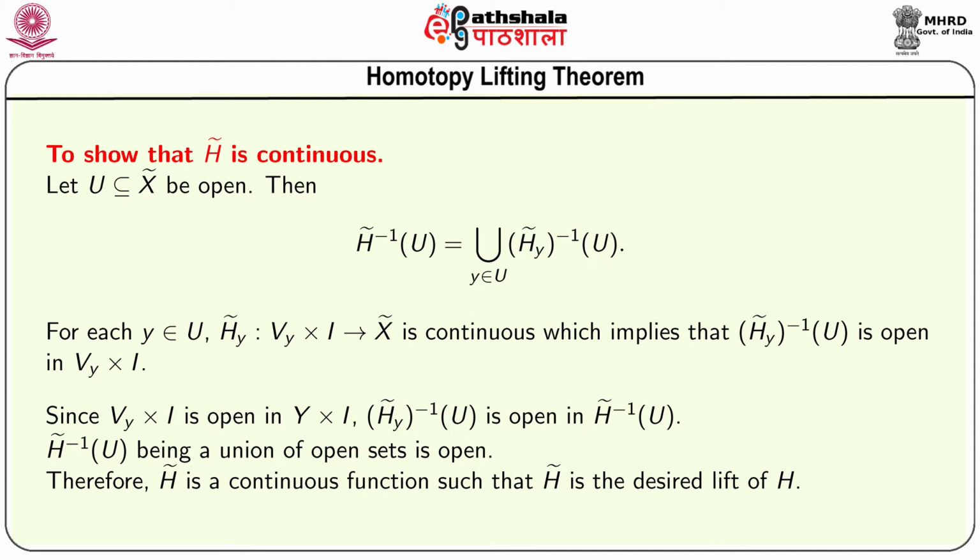We take an open set U subset of X tilde, then H tilde inverse of U is the union of Hy tilde inverse of U where y varies over the set Y. For each y, Hy tilde from Vy cross I to X tilde is continuous, which implies that Hy tilde inverse of U is open in Vy cross I. Since Vy cross I is open in Y cross I, Hy tilde inverse of U is open in H tilde inverse of U. So, H tilde inverse of U being a union of open sets must be open.